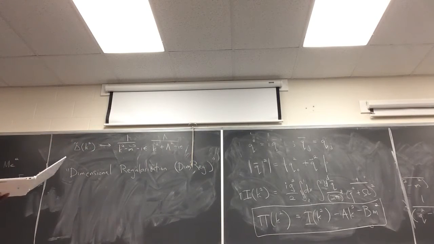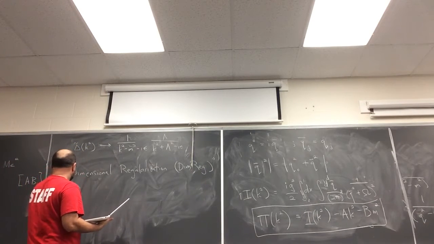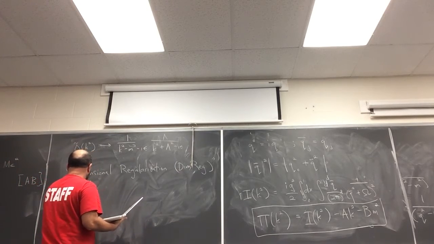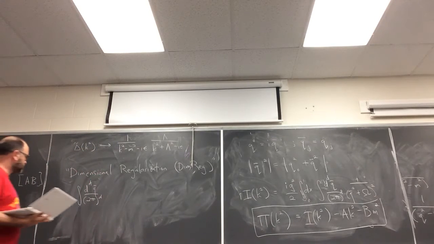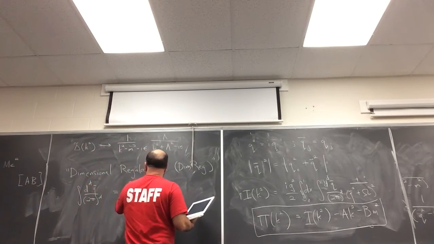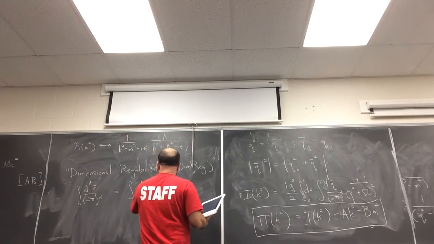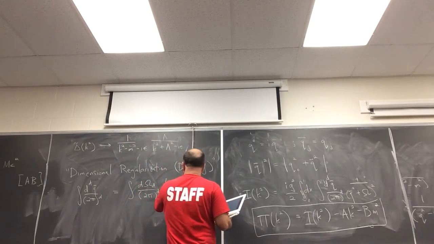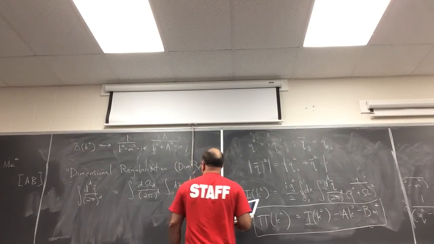So let's take this integration element. Let me first consider this d q bar over 2 pi to the d, and let me write it in d-dimensional spherical coordinates. So it's going to be an integral over some angular part in d dimensions, 2 pi to the d, and then the radial part, d q bar q bar to the d minus 1.